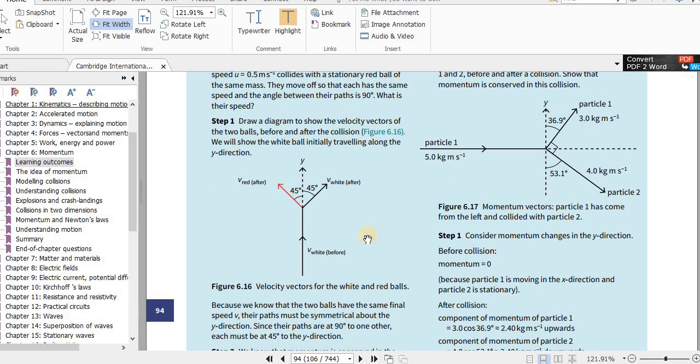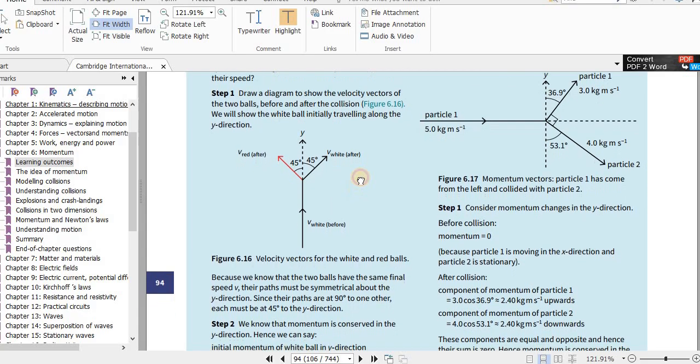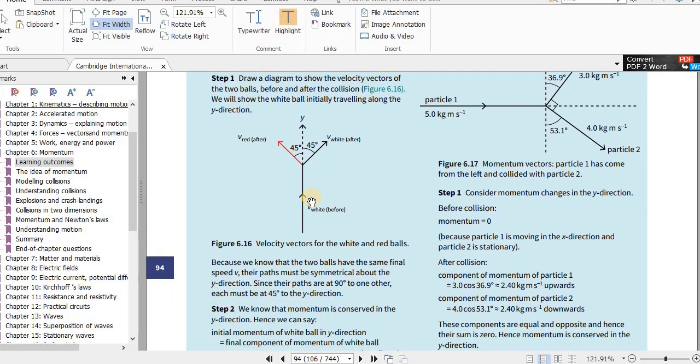Okay, so draw a diagram to show the velocity vectors of the two balls. Now here this speed and this speed are the same. So white ball this way, and the velocity vectors for the white and red balls.